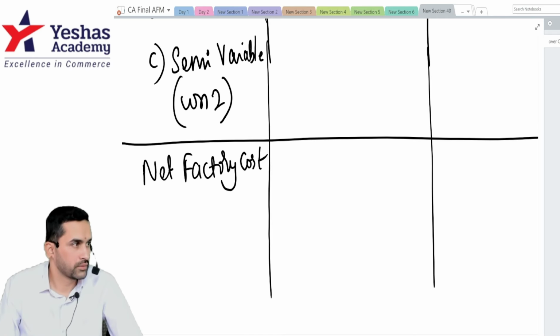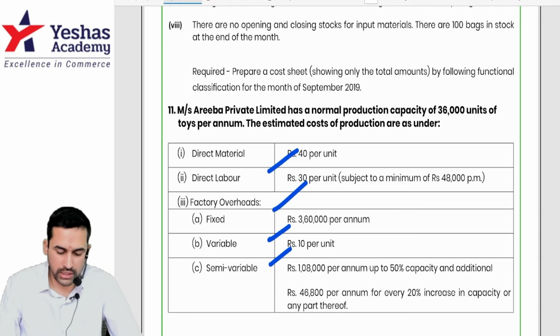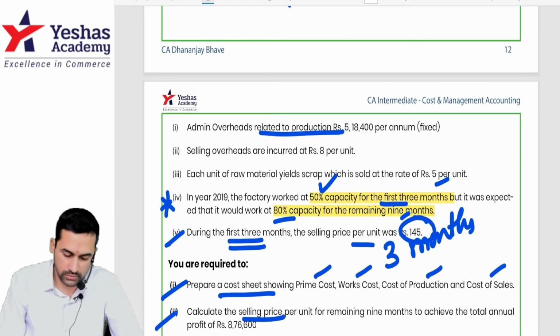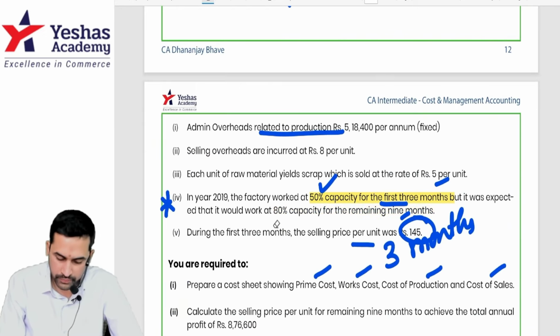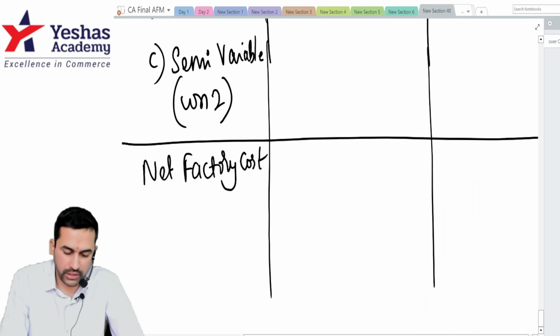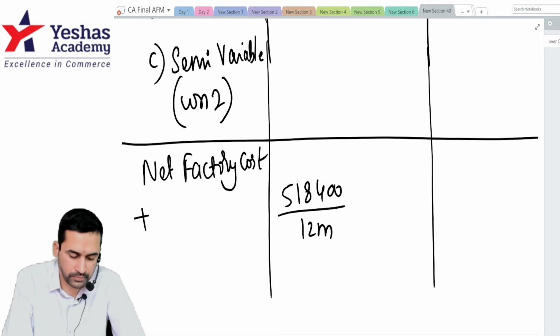What comes after this? Office admin. This adjustment is pending. Office admin if it is related to production. Did they say related to production? Yes. That number is fixed. 518,400 per annum.